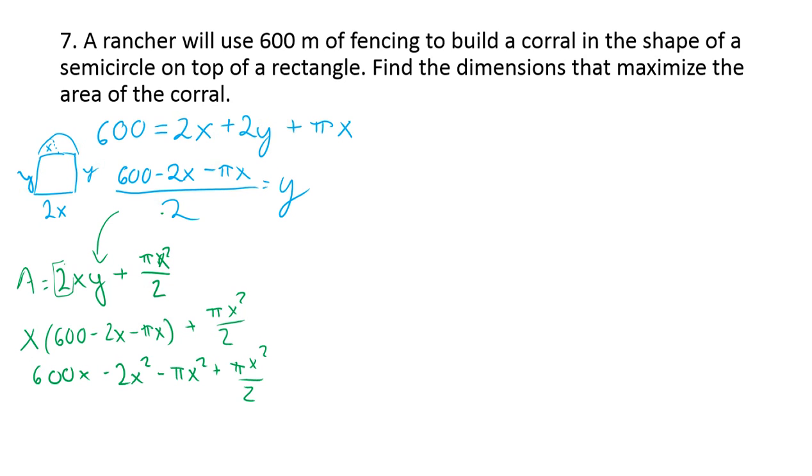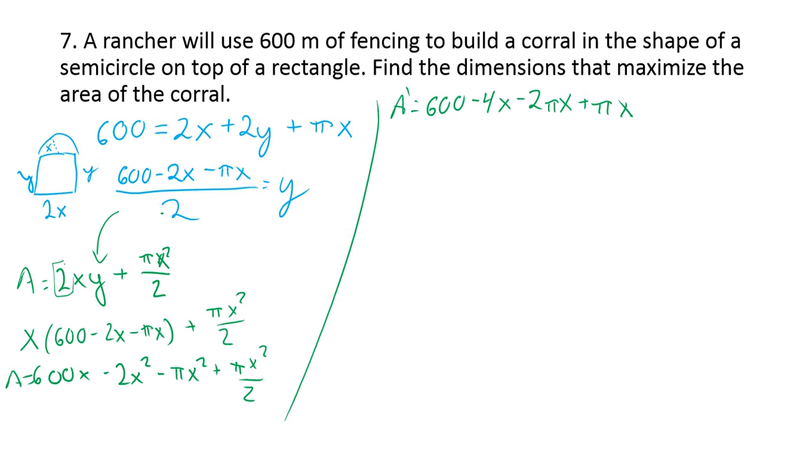Okay. Now we can either combine things now or take the derivative. I'm going to take the derivative right now. So the derivative, A prime, would be 600 minus 4x minus 2 pi x plus pi x.